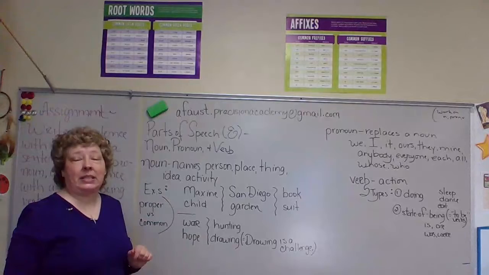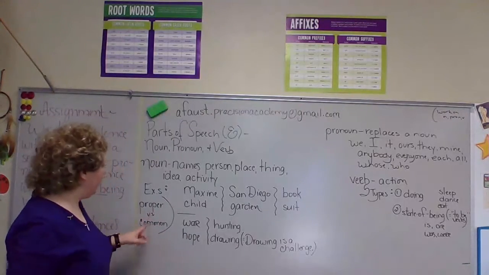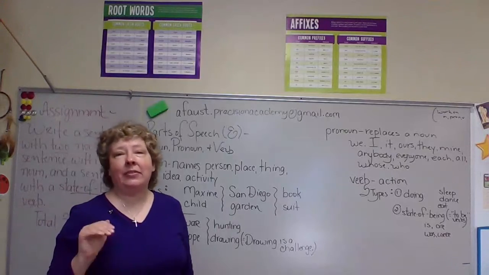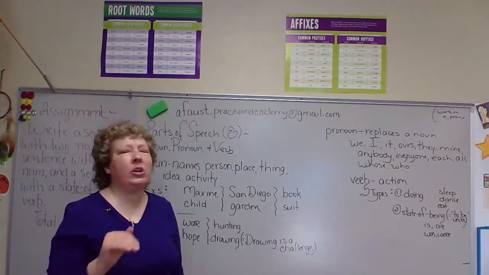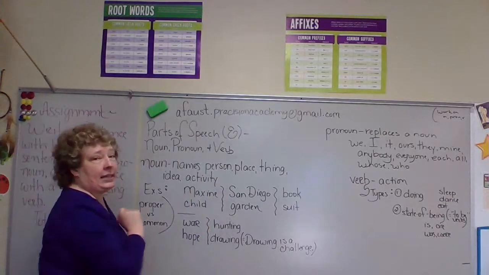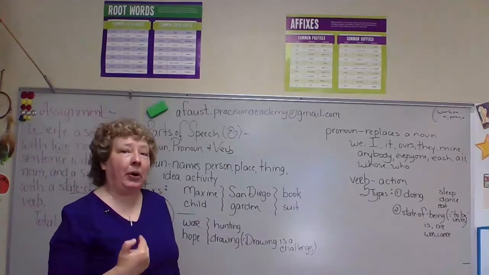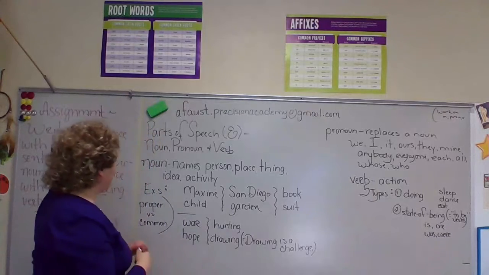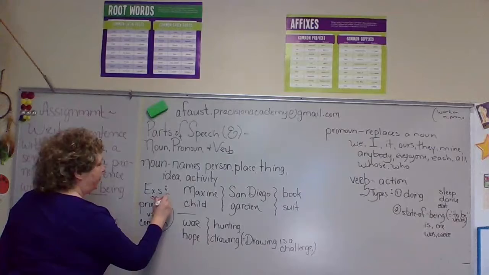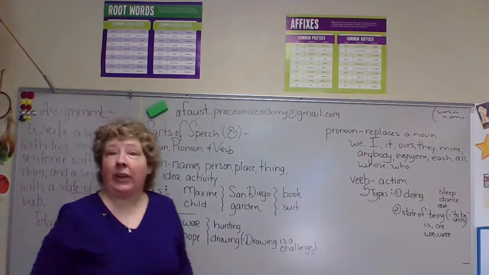Here are examples. But first, let's tackle what's over here. Proper versus common. Those are 2 types of nouns, and believe it or not, there are more, but we're just going to focus on 2, especially in reference to person and place. Okay, you've got your proper and your common. Proper is your specific. It tends to be very specific.